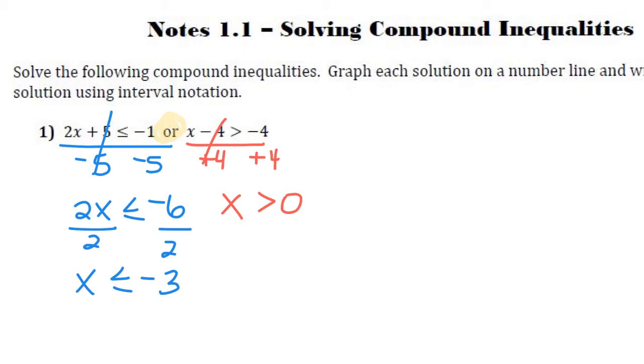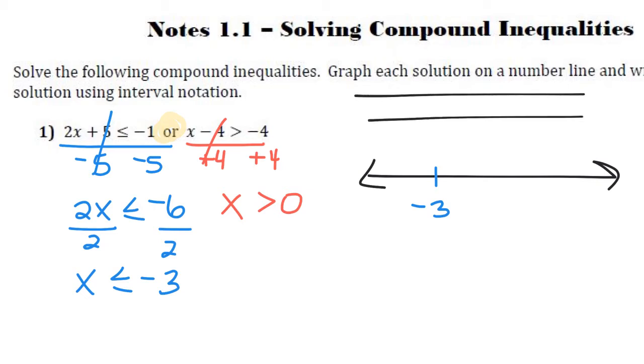Remember, I highlighted that word or in the beginning. So when I go to my number line, let me include that here, I have a few different pieces. I need -3. Remember the blue inequality, and I'm going to put my kind of working solutions. I'm going to include two working lines up here to help me map this out.